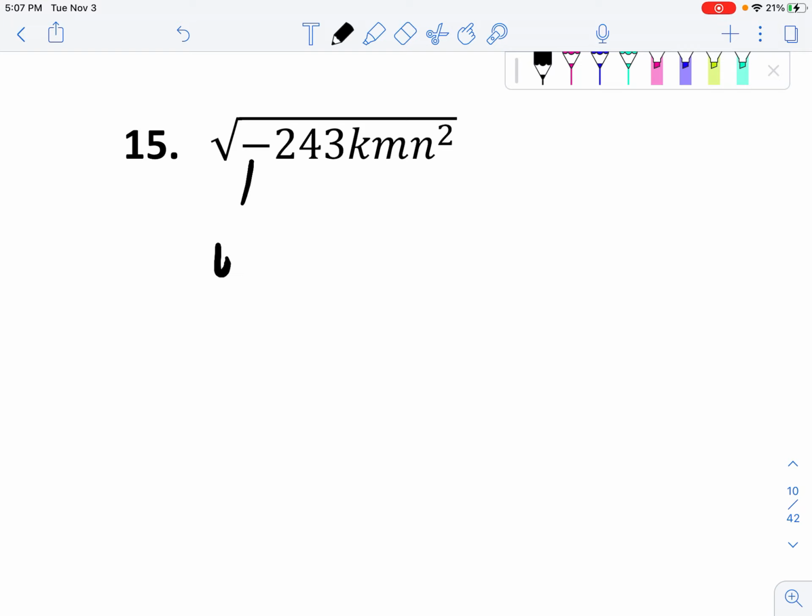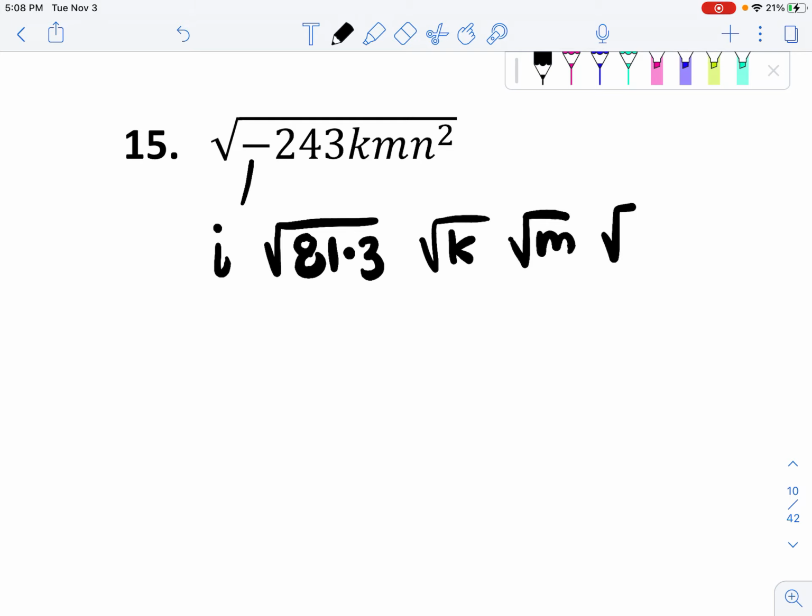Number 15, the negative's giving me an i. 243, we did this in another problem recently. It's 81 times 3. K is not even, but we also can't reduce it, so that's trapped. Same thing with M, but N squared is good because it's even. So that's going to come out, and the 81 is going to come out.